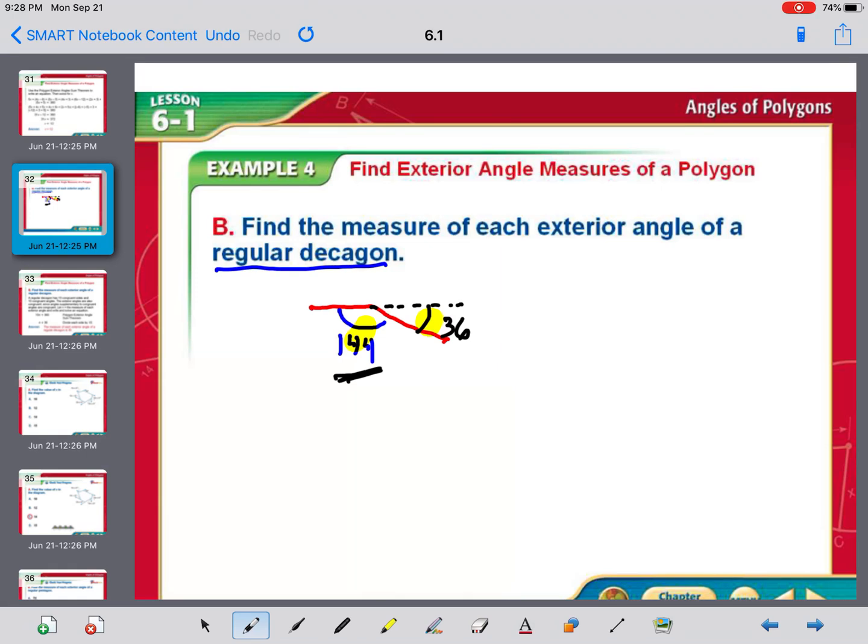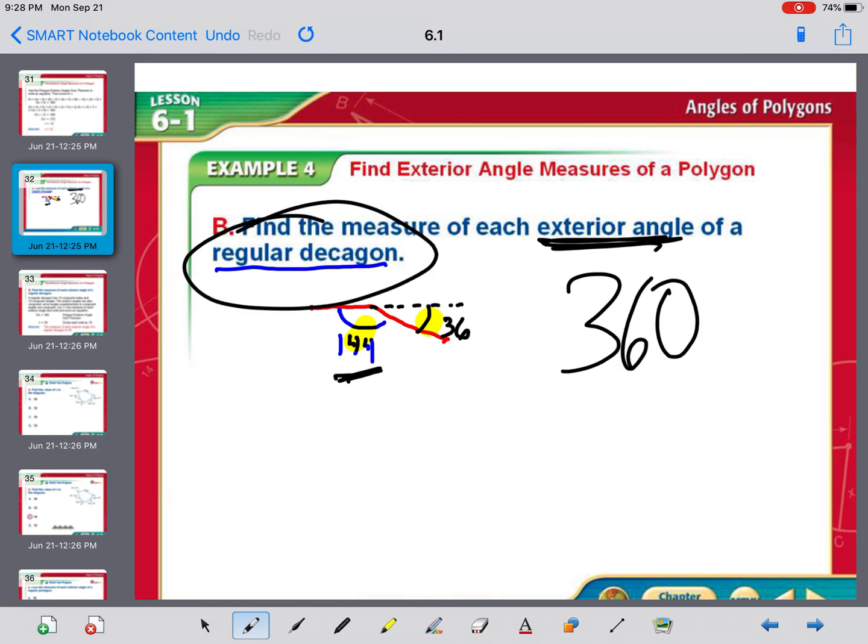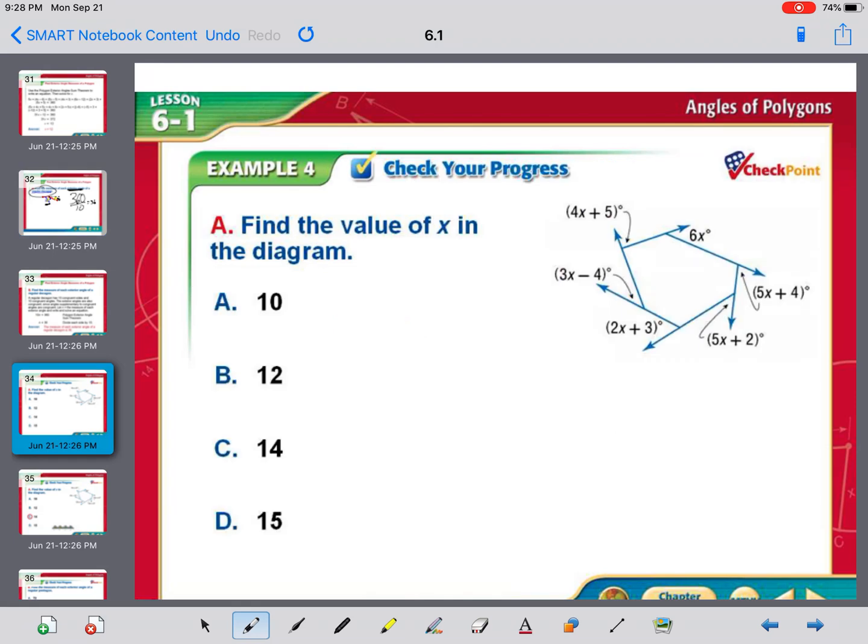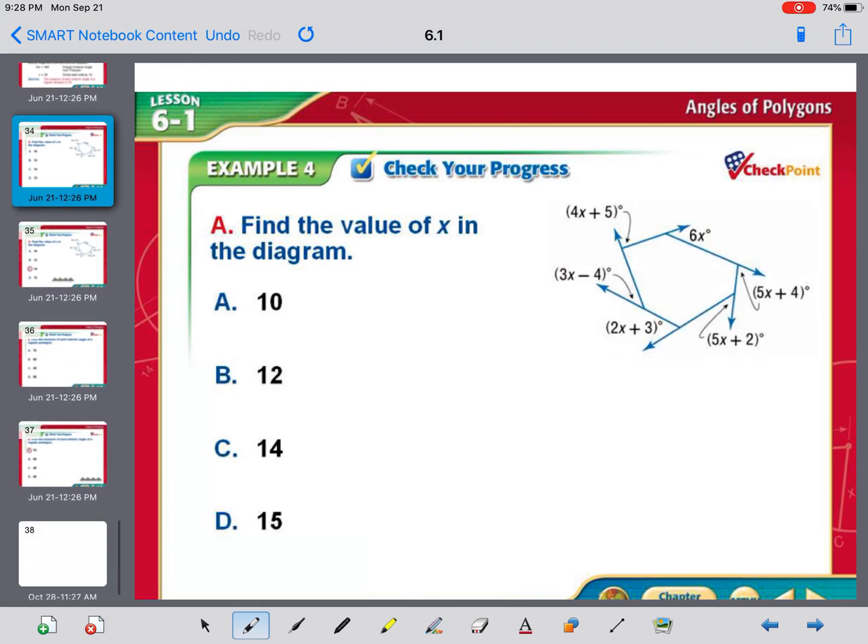36. Now, I want to come back to that and do it a completely different way. Exterior angles, how much do all of them add up to? 360 degrees. In a regular decagon, we get 10 equal sides, 10 equal angles. So 360 divided by 10 is 36. Yes, it is that easy.